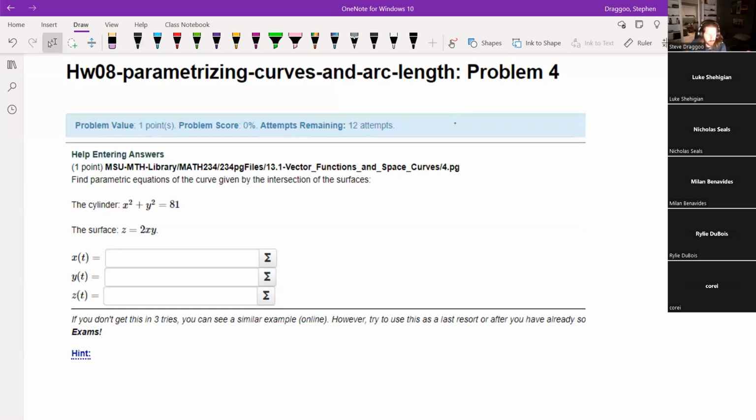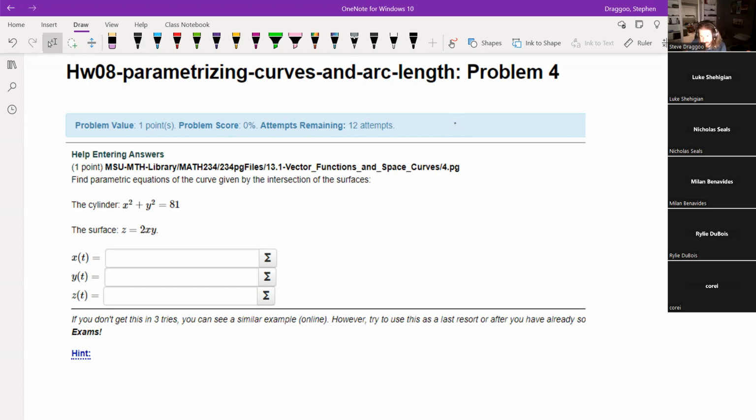It's a little above our pay grade right now. But I believe it's a paraboloid of some kind, maybe even a hyperbolic paraboloid. But again, we don't need to worry about that right now. We're just calling it a surface. So we've got a cylinder. Notice this one's a cylinder with a circular base, so the regular kind of cylinder that we're used to.